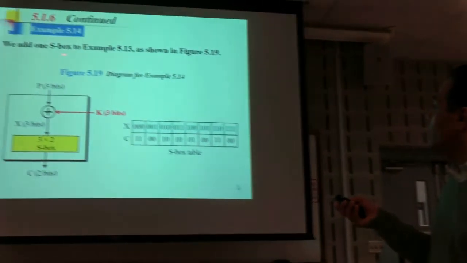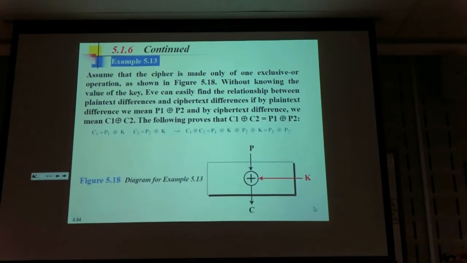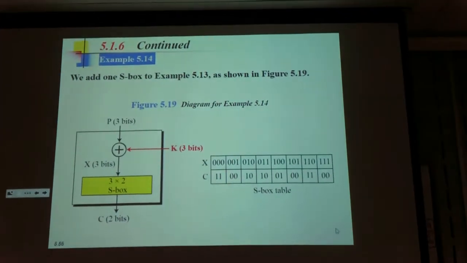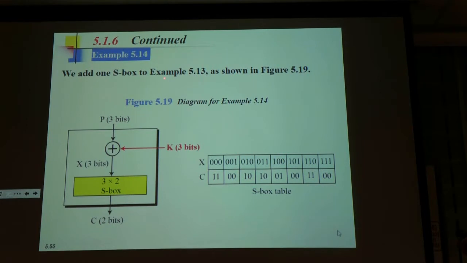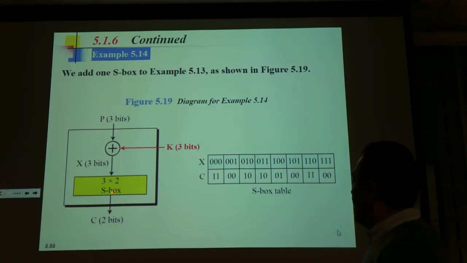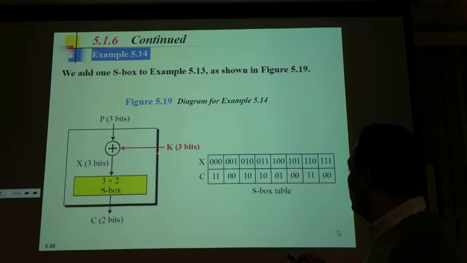So we add one S box to the model here. So in here, we're going to add one more S box as shown. This is the plain text, and this is the output of the self-invertible XOR.